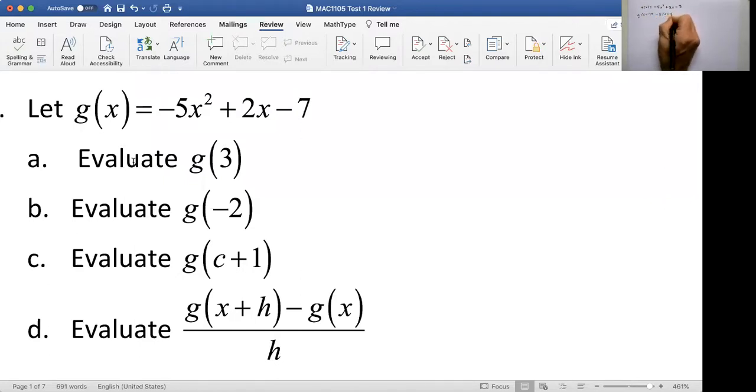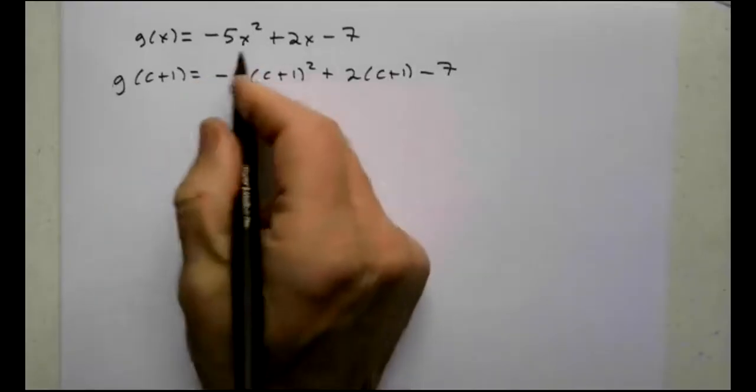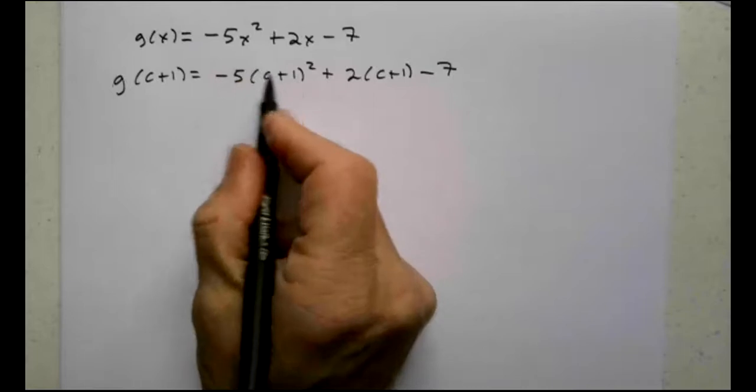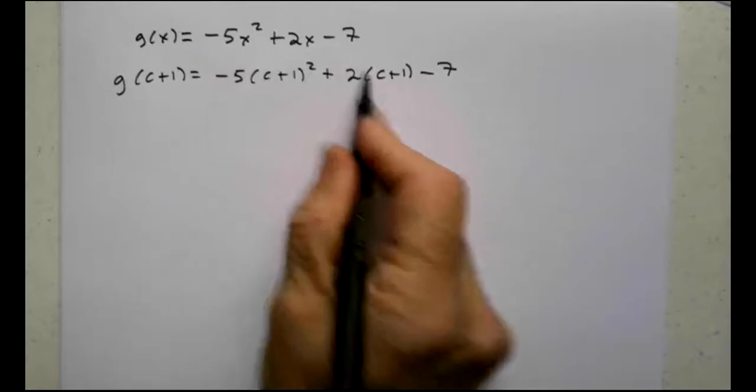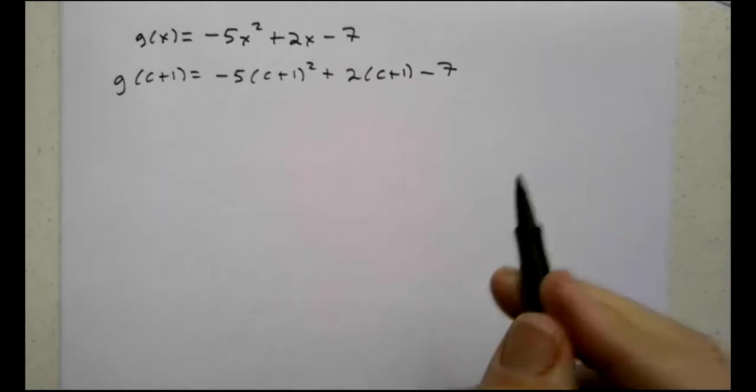Negative 5 times c plus 1 squared plus 2 times c plus 1 minus 7. Let me show you that. Wherever I had an x, I replaced x with c plus 1 in parentheses. Negative 5x squared becomes negative 5 times c plus 1 in parentheses squared. 2x becomes 2 times parentheses c plus 1, minus 7.